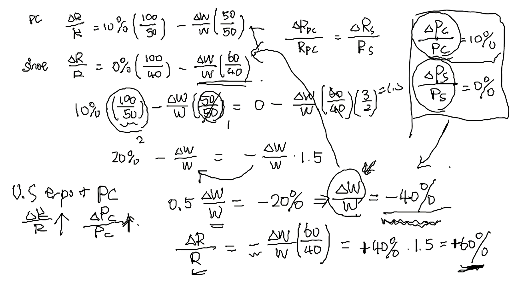On the other hand, because PC, the computer, is a capital-intensive good, the labor did not benefit. The wage of the labor decreased a lot.